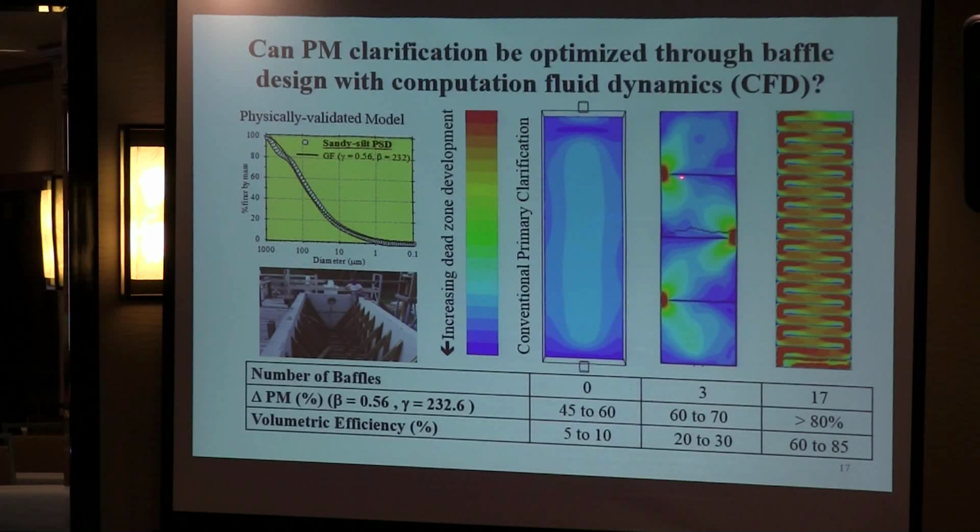Adding 3 baffles to that, the results are significantly improved. If we go all the way up to 17 baffles and make this like a chlorine contact chamber, now I'm up to a greater than 80% removal efficiency and a volumetric efficiency that is quite high.